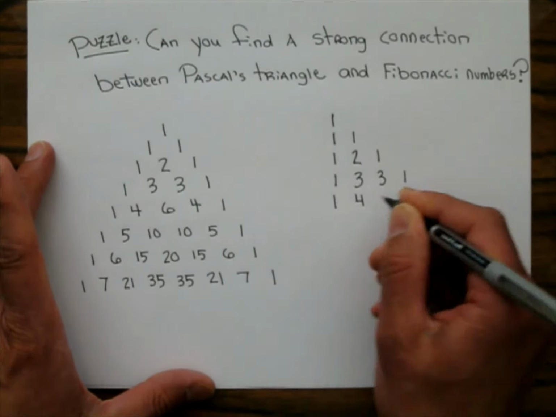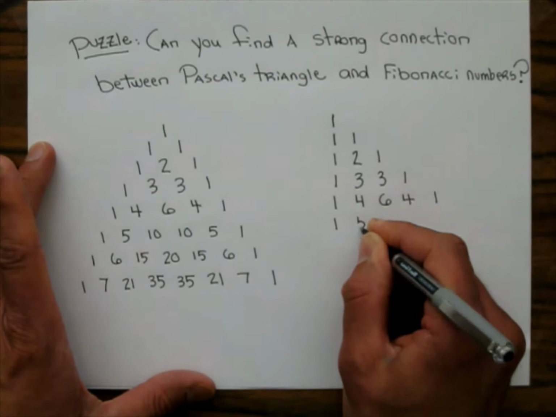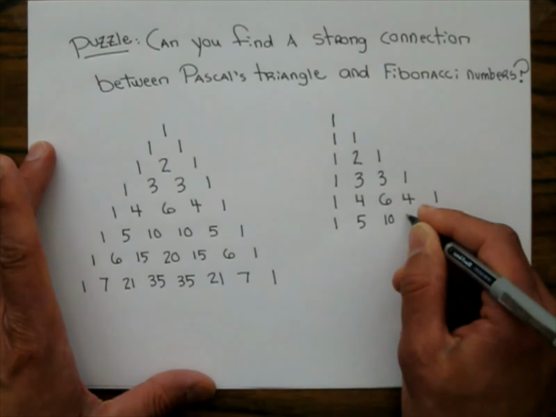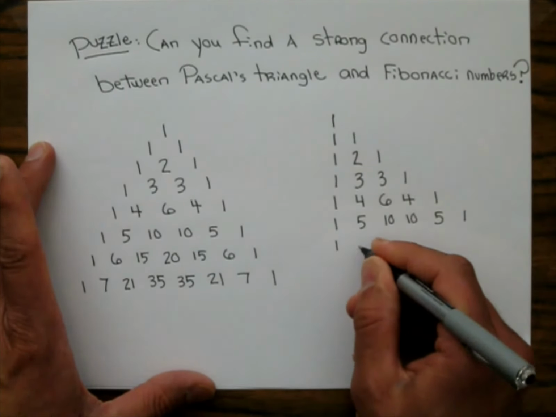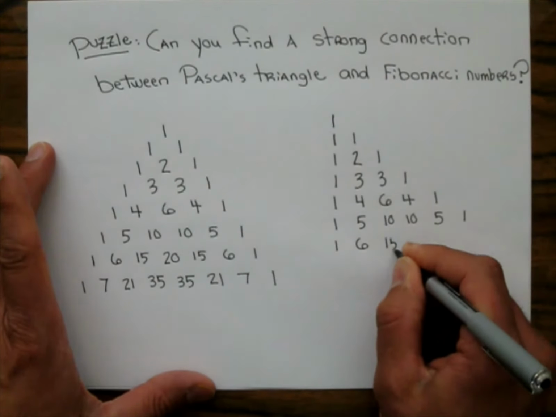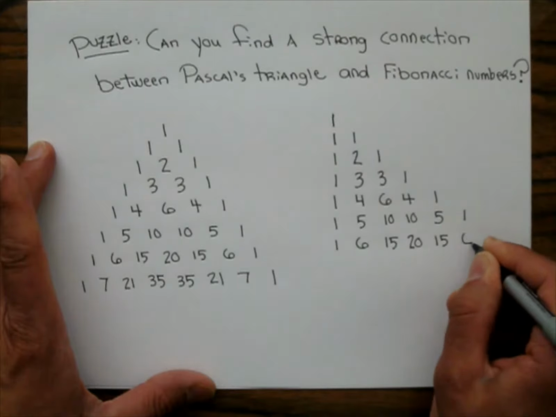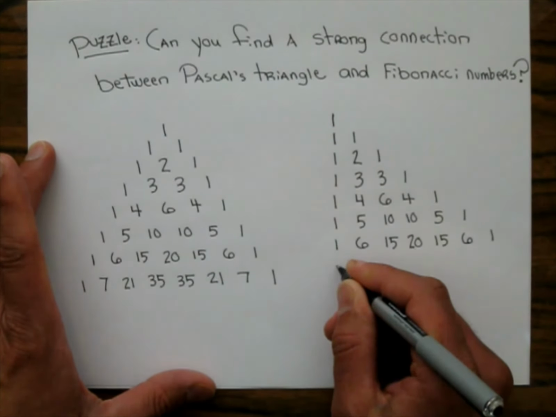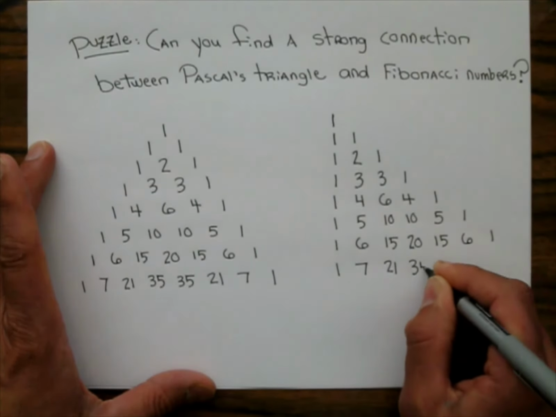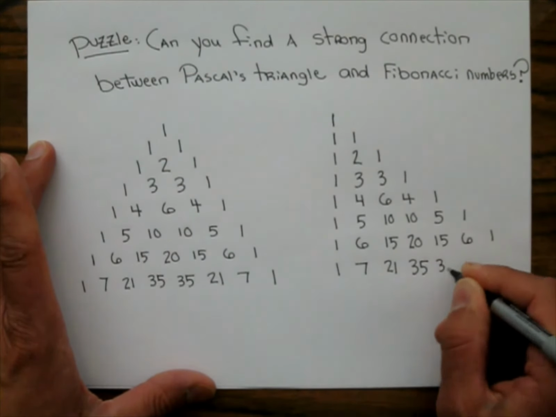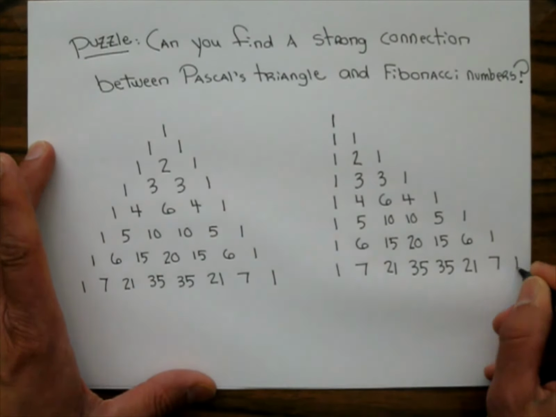1, 4, 6, 4, 1. 1, 5, 10, 10, 5, 1, 1, 6, 15, 20, 15, 6, 1, 1, 7, 21, 35, 35, 21, 7, 1.